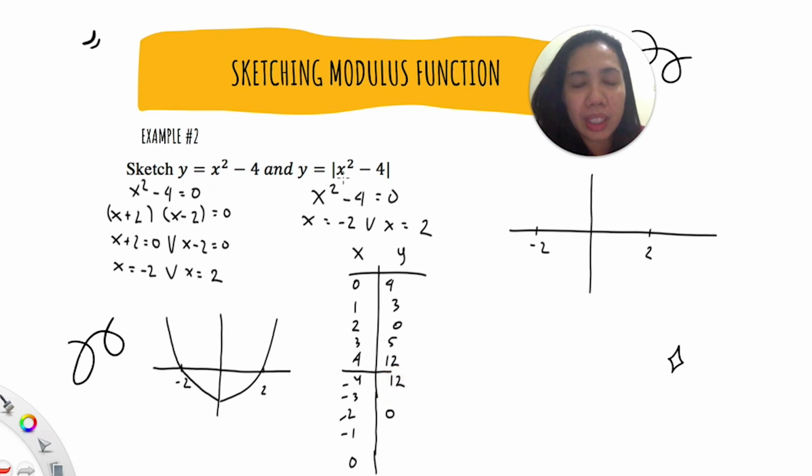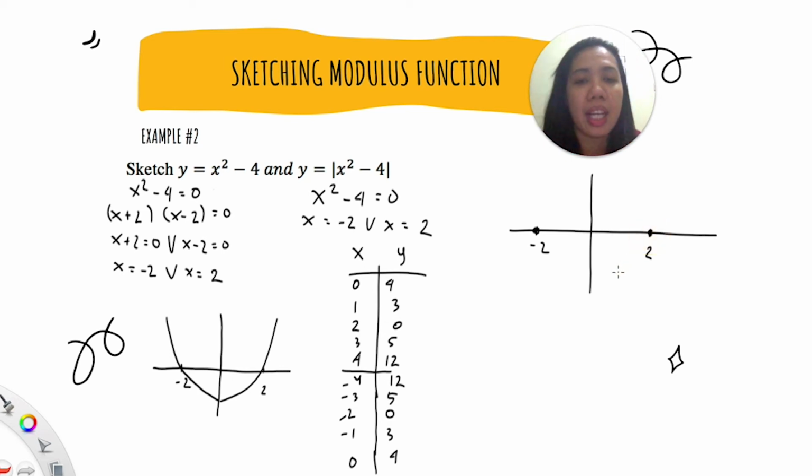Minus 3 squared is 9, 9 minus 4 is 5, so here we have 5. For minus 1, 1 minus 4 is minus 3, so here we have 3. For 0, 0 minus 4 is minus 4, and the absolute value is 4.